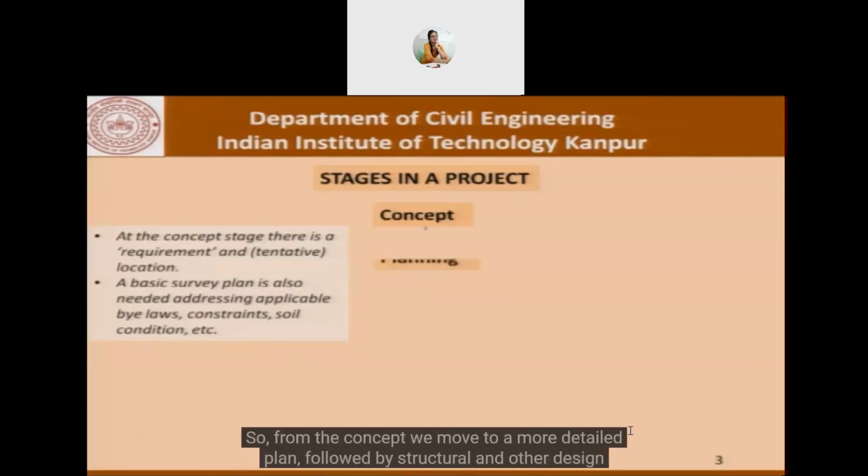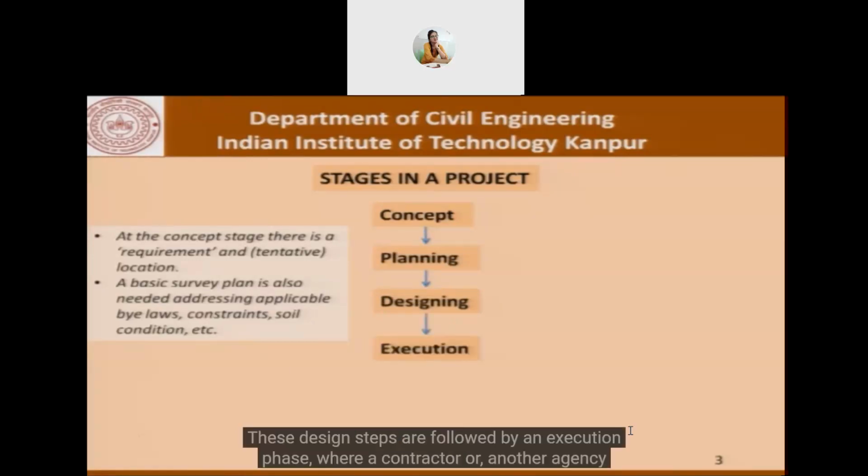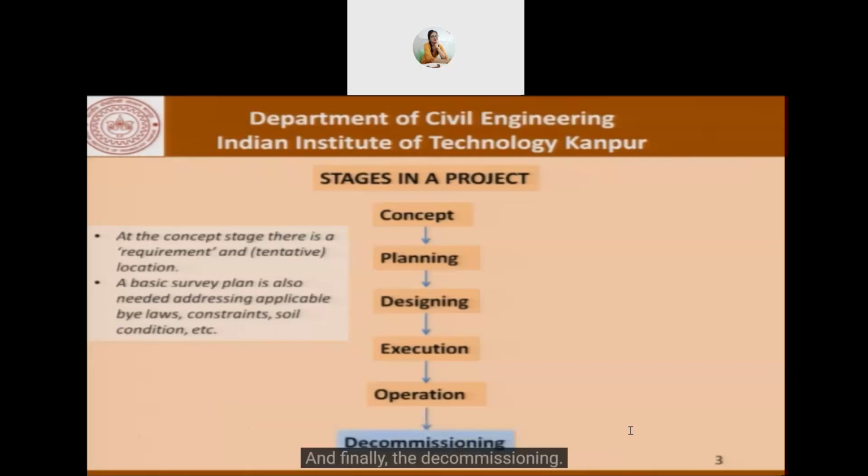So from the concept, we move to a more detailed plan, followed by structural and other design steps. These design steps are followed by an execution phase where a contractor or another agency actually carries out that project, followed by the operation of that project, during which we are mostly concerned with the maintenance and operation of that, and finally the decommissioning.